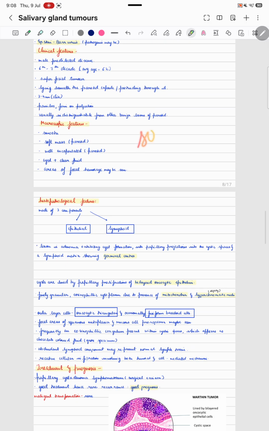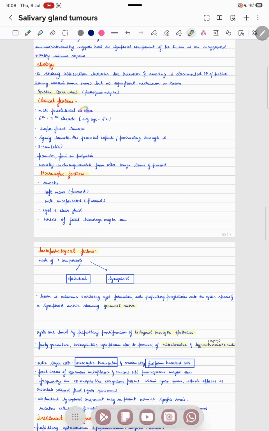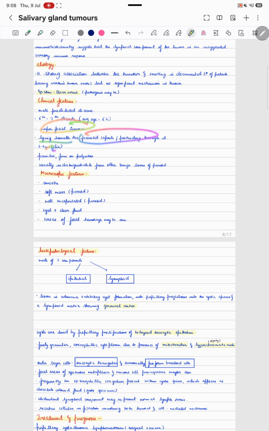So it is a soft, well encapsulated mass, and cystic degeneration and clear fluid are seen. To recap the clinical features: it is male predilected, 60 to 70 years, a superficial tumor lying beneath the parotid capsule, 3 to 4 mm in diameter, painless, firm on palpation, usually indistinguishable from other benign tumors of the parotid.